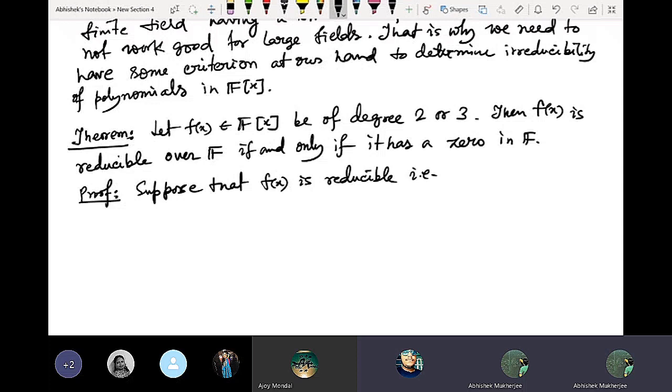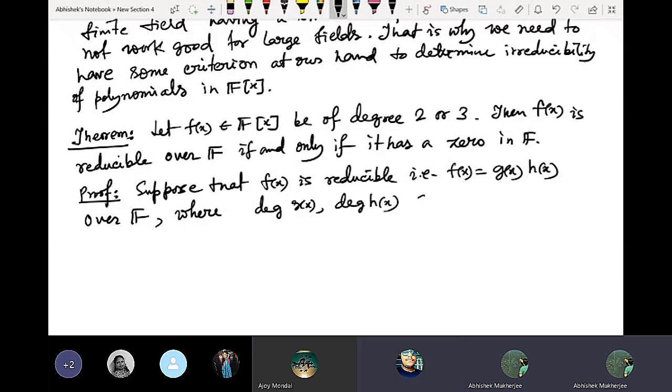That is, f(x) can be expressed as g(x)h(x) over F, where the degrees of g(x) and h(x) must be strictly less than the degree of f(x).